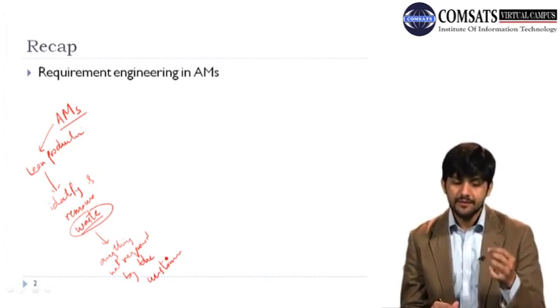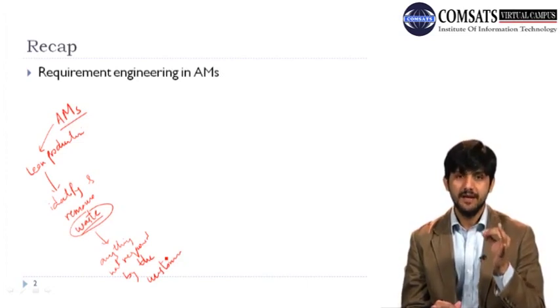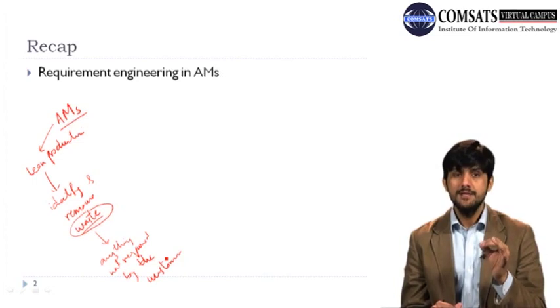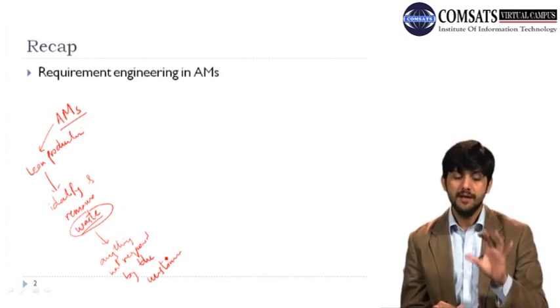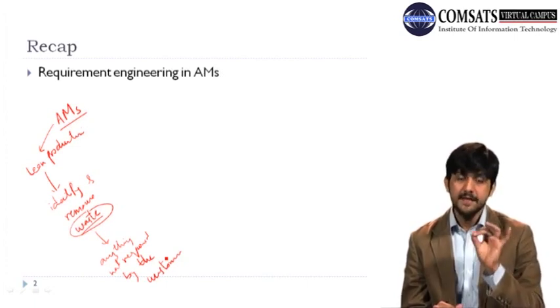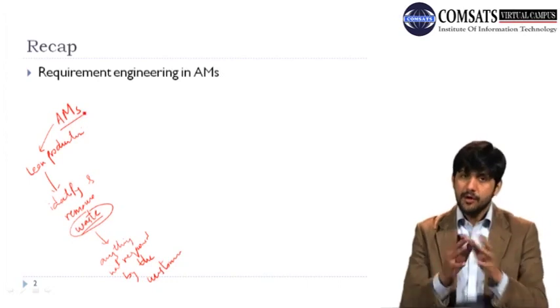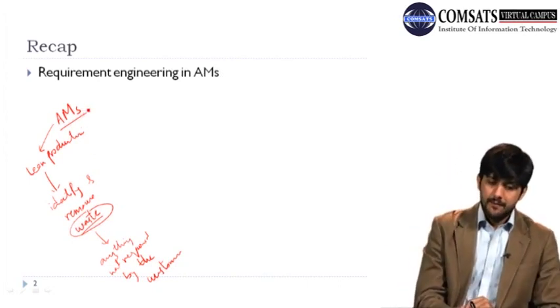I emphasized the fact that these Agile methodologies are more formal than any other software development lifecycle model that we know of. So if we are following these Agile methodologies, we need to be very formal. We need to stick to the practices of the certain Agile method that we are following, and that is of utmost importance.